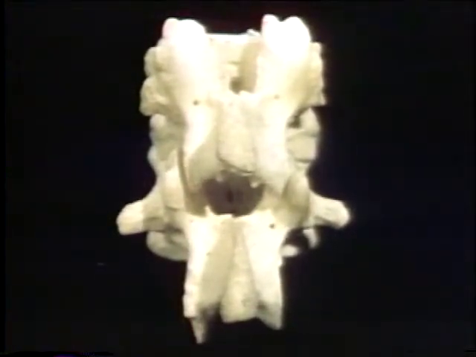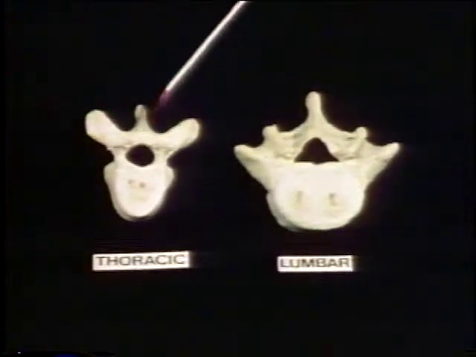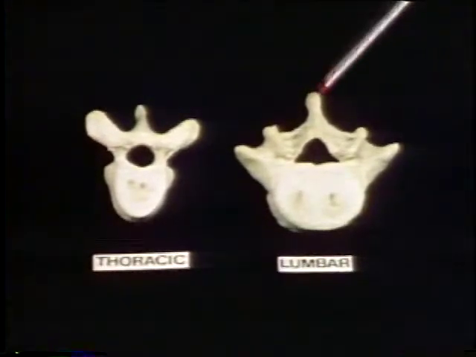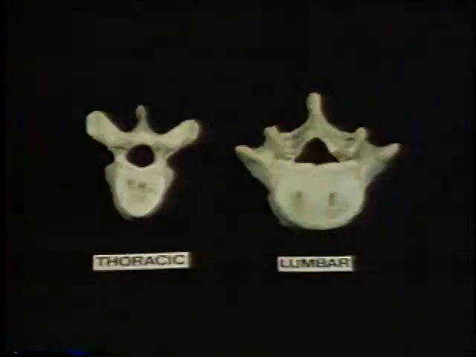The usual cause is a fall from a height or a heavy weight falling on the shoulders. In the thorax, the neural canal is small, so cord damage is probable. But in the lumbar region, the canal is large, and further, the spinal cord ends at the first or second vertebra.